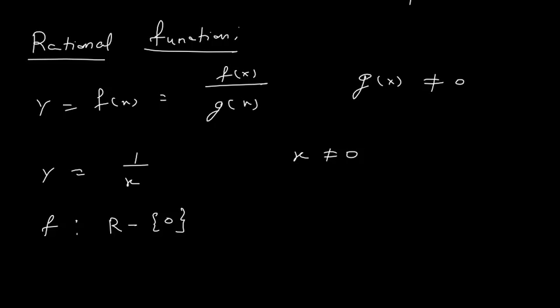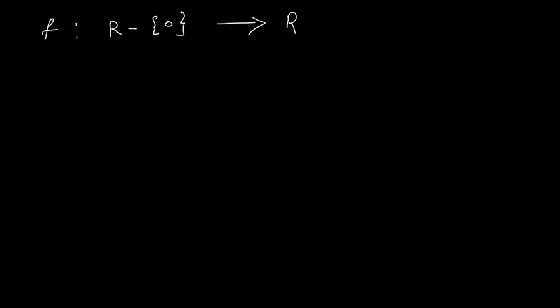The first part is the value of x, which could not be 0, so I have excluded 0, and the value of the function could be any real number. So a function defined from R minus 0 to R is a rational function. In our case, the numerator part is 1 and the denominator part is x. Now what will I get when I draw a graph?